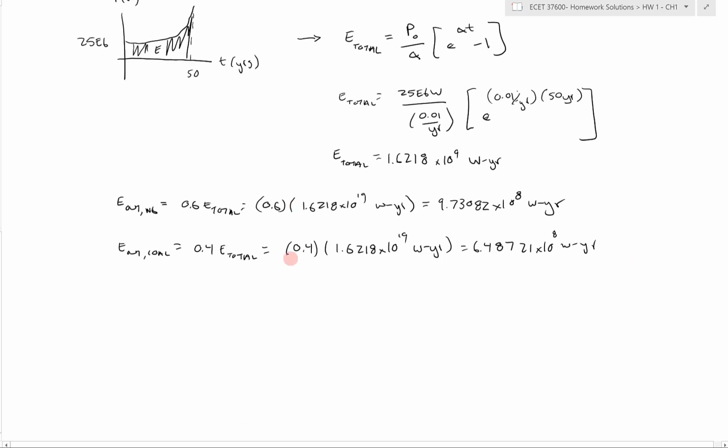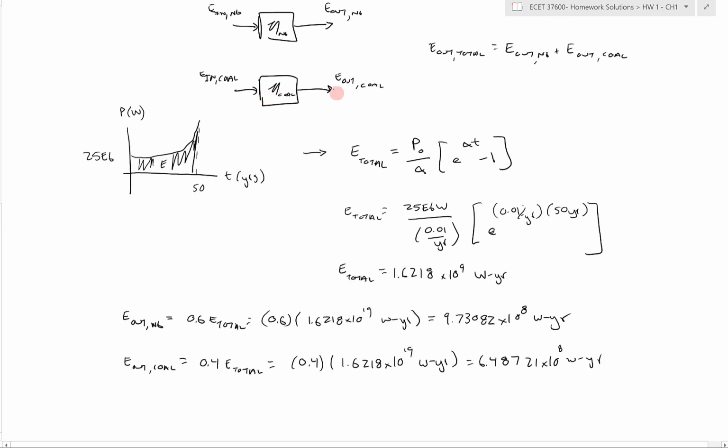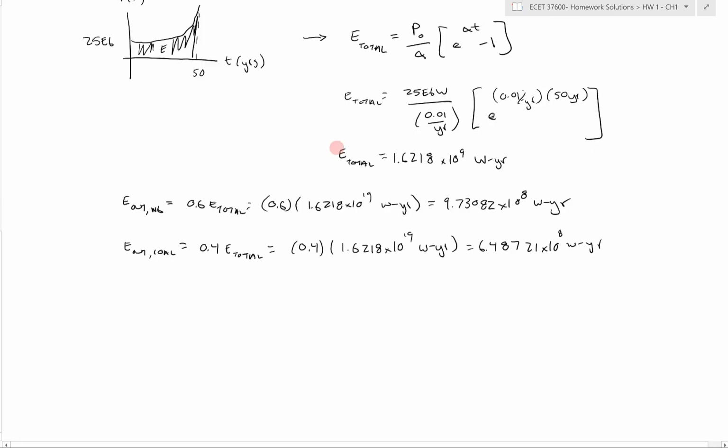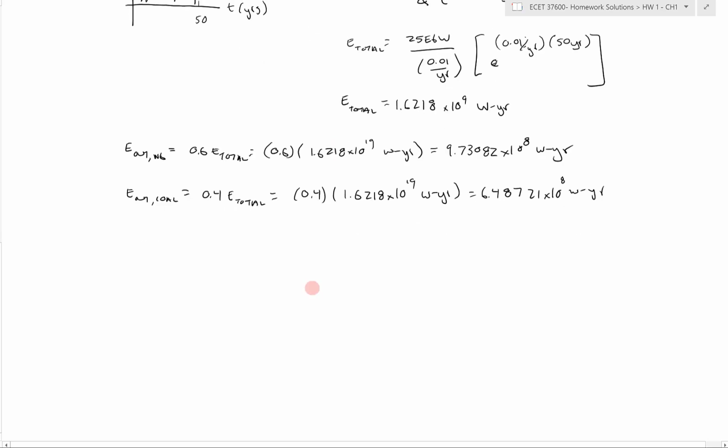We were actually asked to calculate input, and that's where we're going to go back to these formulas based on efficiency. The natural gas had an efficiency of 30%, so E in, the input fuel energy in natural gas, is the output electrical energy in natural gas divided by the efficiency of the plant.